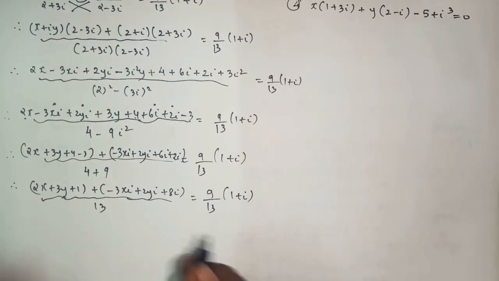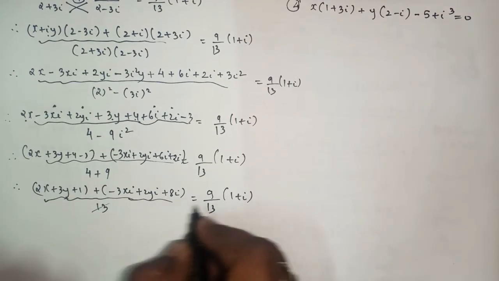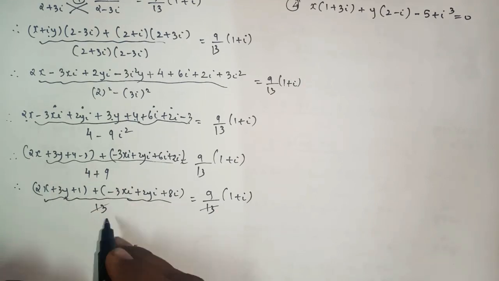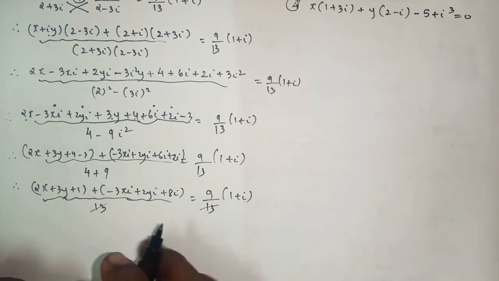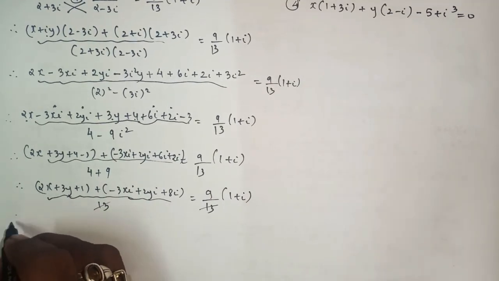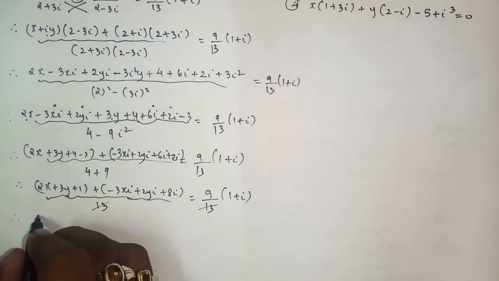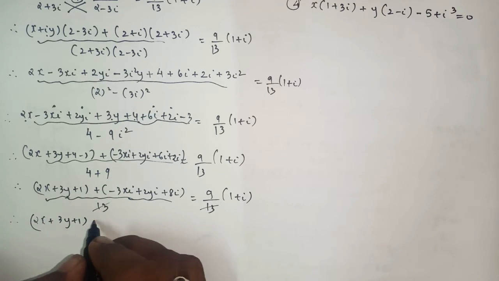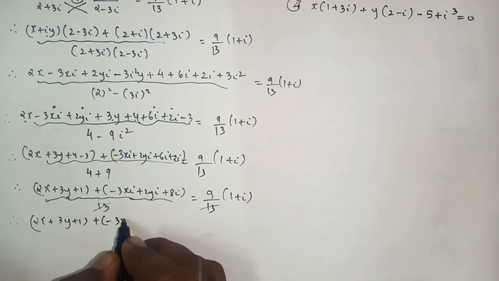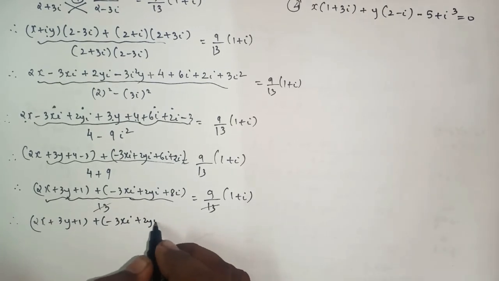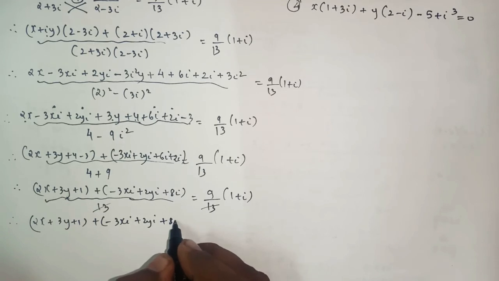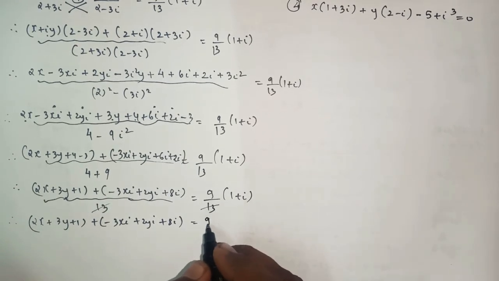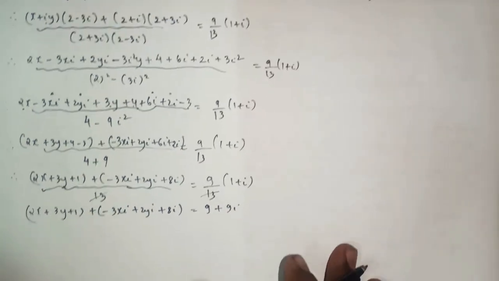Okay, so now in the next step, can I say that this 13 will get cancelled? How? If you shift this 13 to the left hand side or this 13 to the right hand side, 13 will get cancelled, yes or no? So here we are left with 2x plus 3y plus 1 in one bracket, minus 3x plus 2y plus 8 in the second bracket, and when you open the bracket on this part, you will get 9 plus 9i.